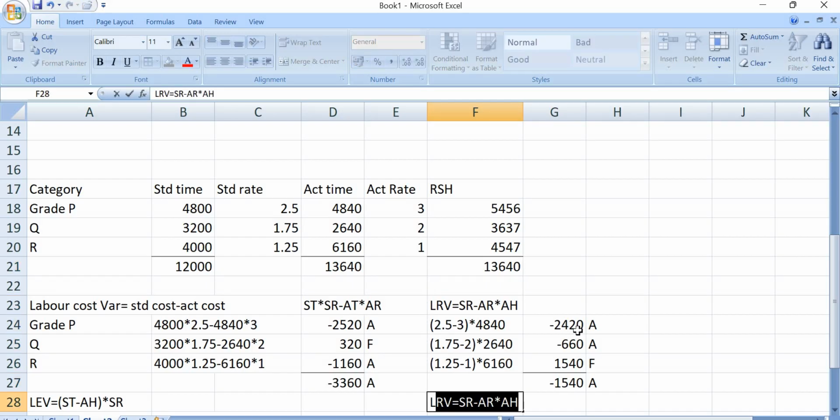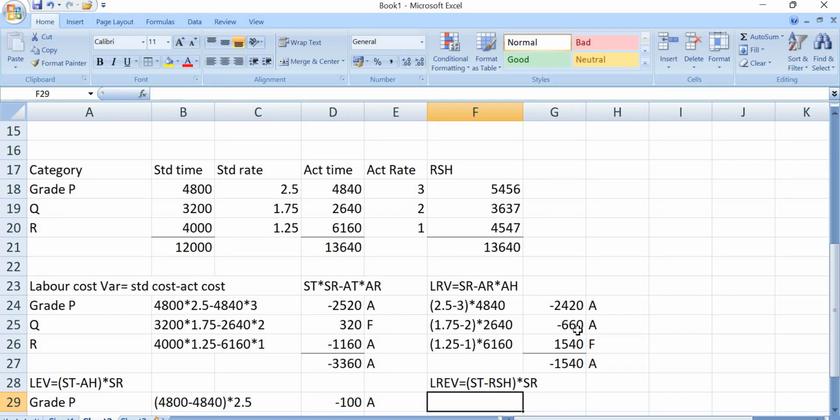So labor revised efficiency variance is equal to, now we need to calculate based on revised standard time and standard time. So the difference should be standard time minus RSH into SR, that is standard rate. For grade P, standard time is 4,800, right? So 4,800 minus 5,456 into my standard rate 2.5.